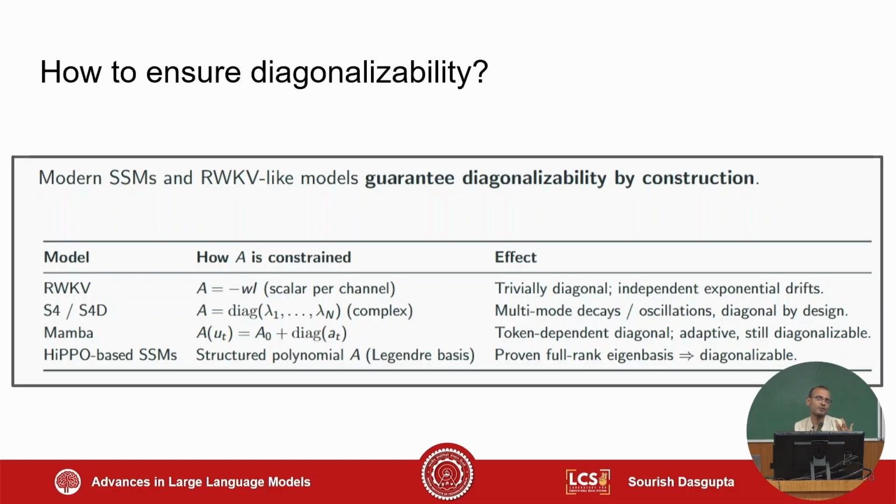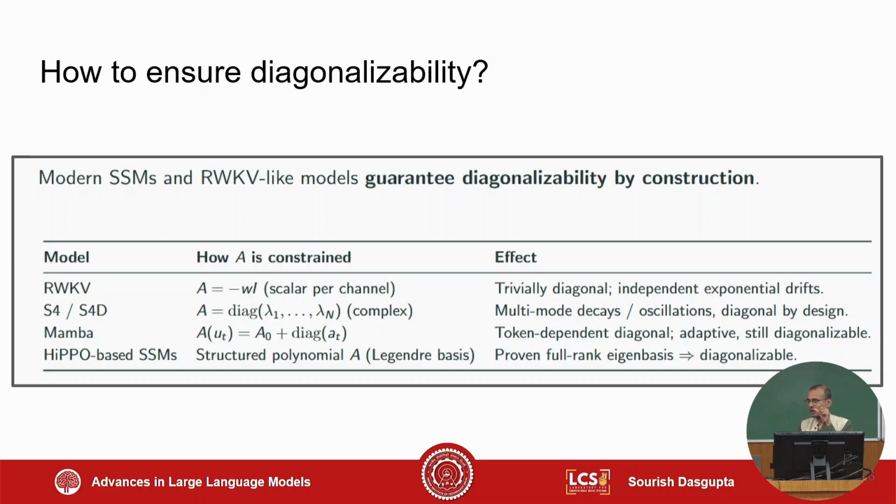If I have to look at Rakov as a special case of SSM, it just doesn't make sense, but from a math point of view I can do it. I can show that Rakov also has an exponentiation of A, which is that alpha. That alpha is basically e to the capital A, where A is minus W multiplied by the identity matrix. As simple as that.